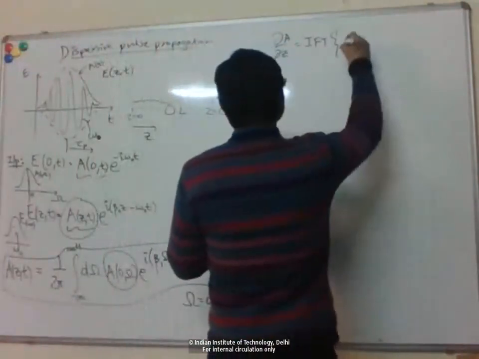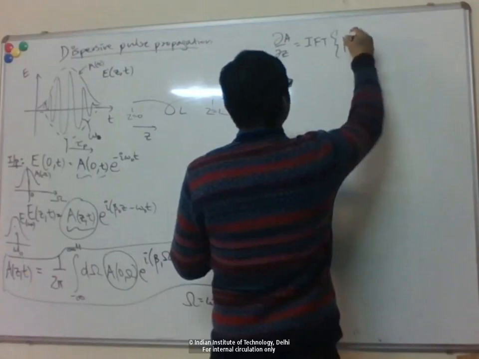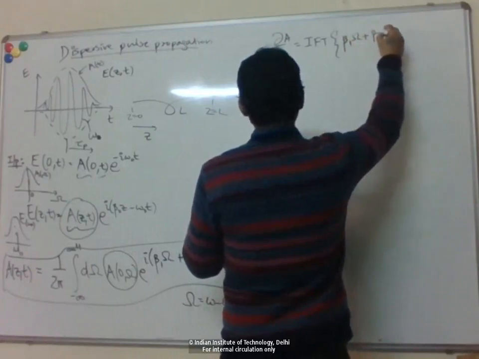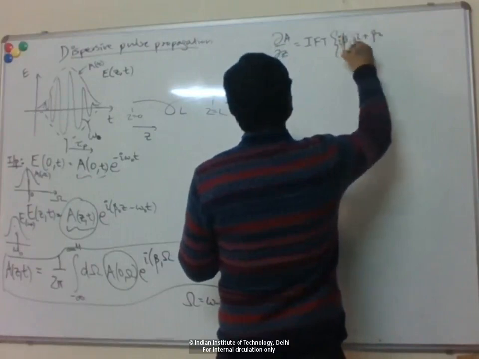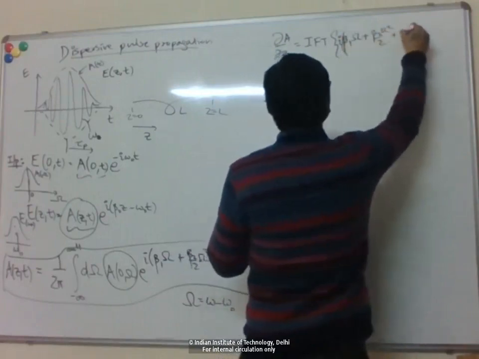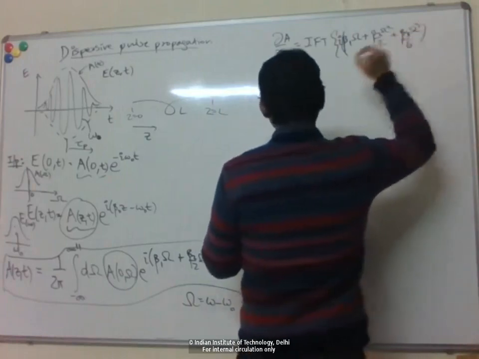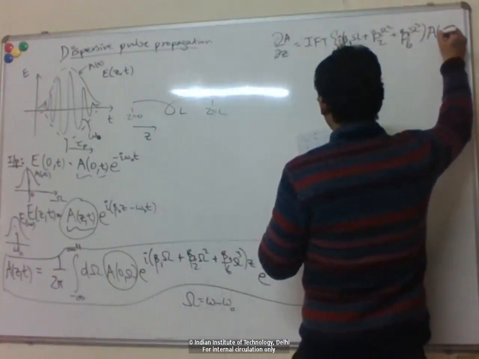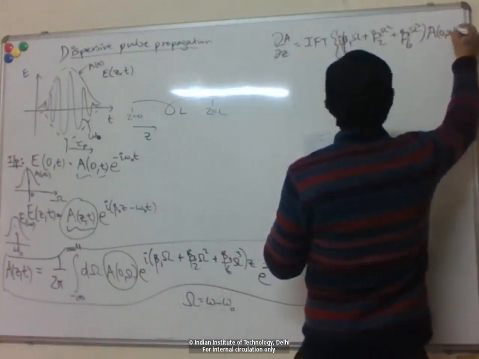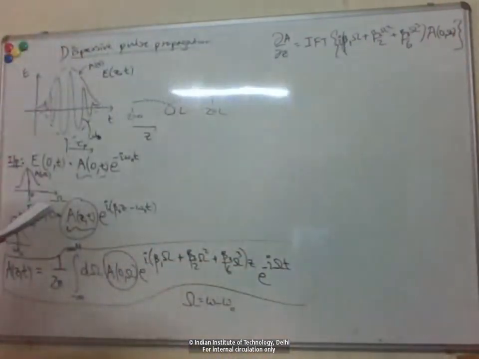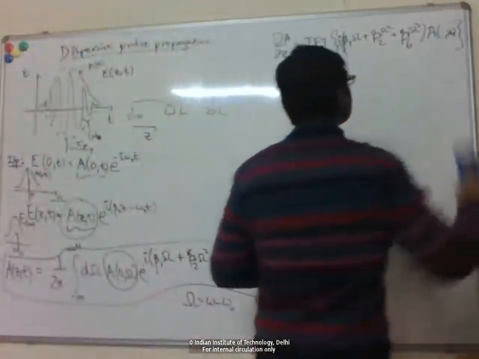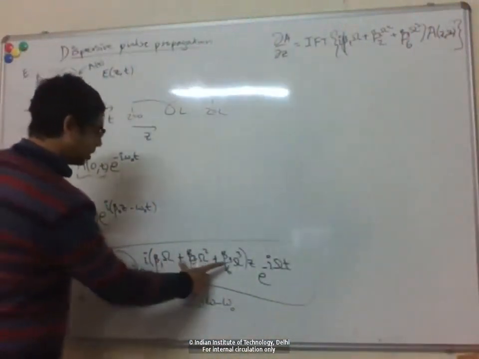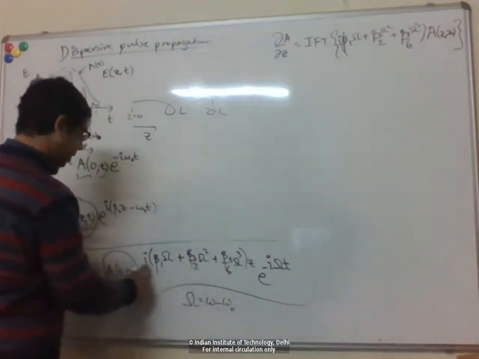So I have i times beta 1 omega plus and so on. Because when I take the derivative of this e to the i this times z, I'll get this out front and then again e to the i this times z.